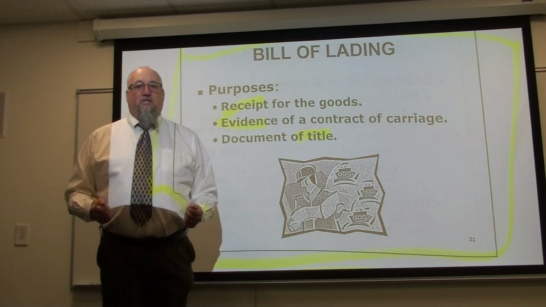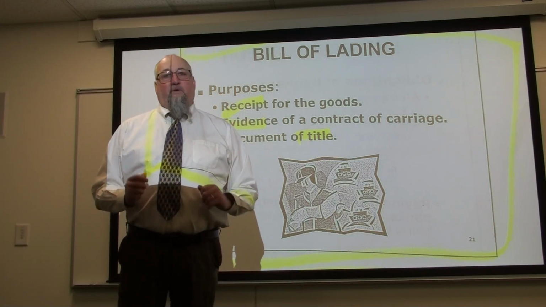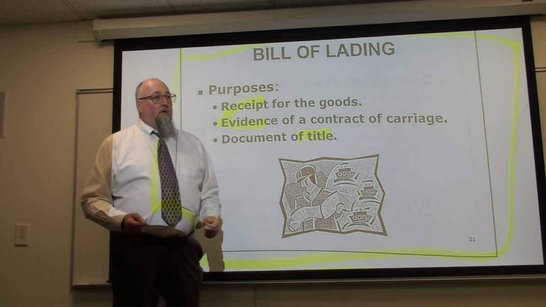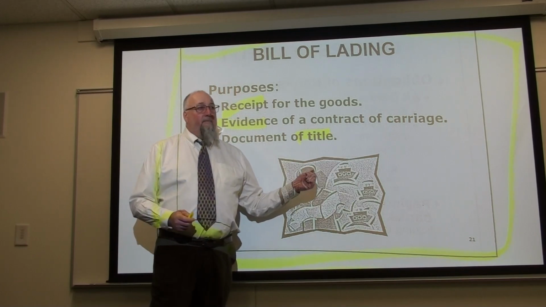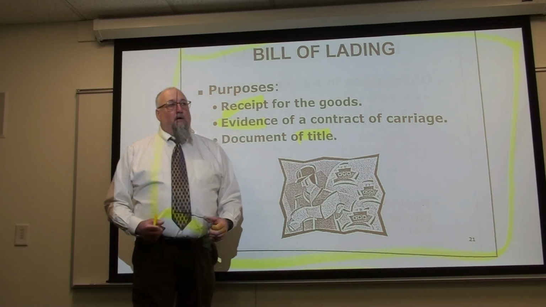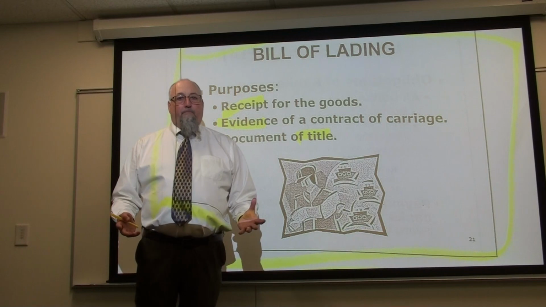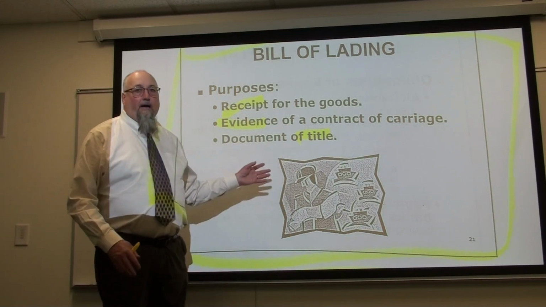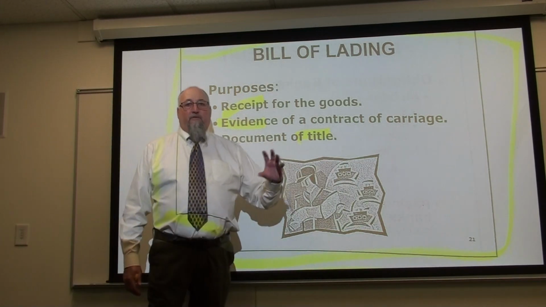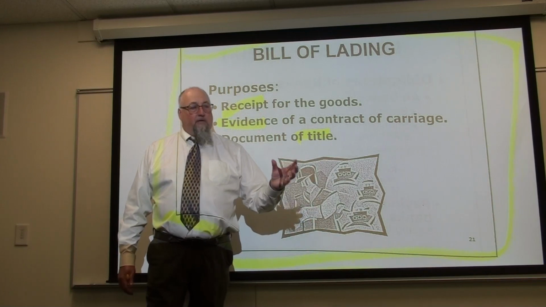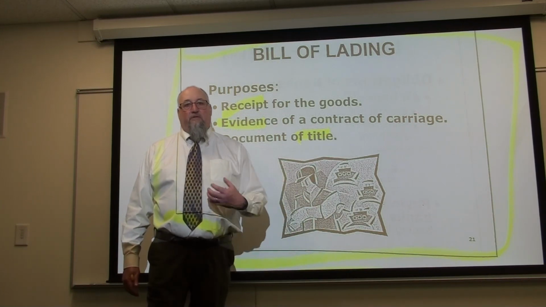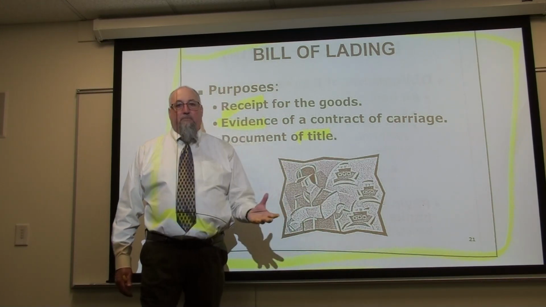So whoever shows up at port and provides the captain with their copy of the bill of lading that has been properly issued becomes the owner of the cargo. So that's what we mean by a document of title. That is to verify who has the legal right to receive the cargo that has been shipped.